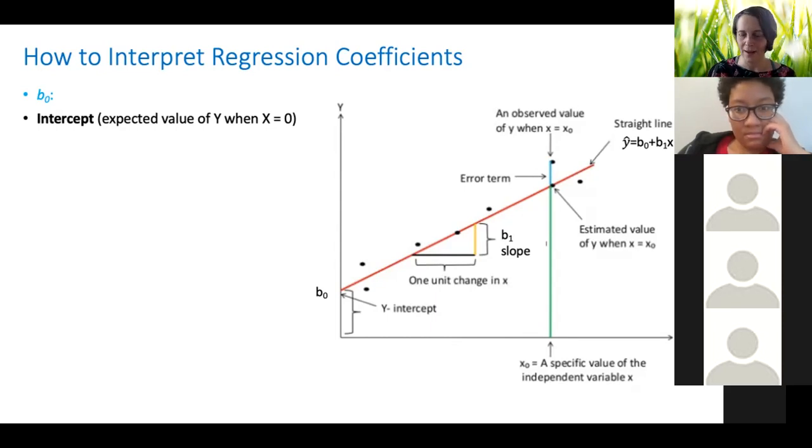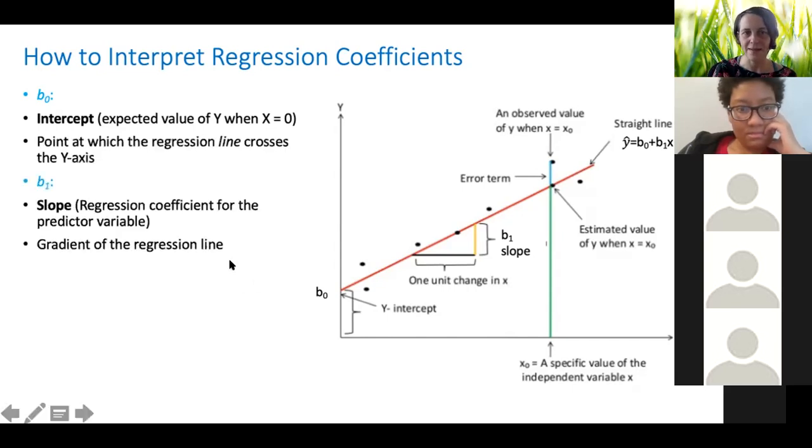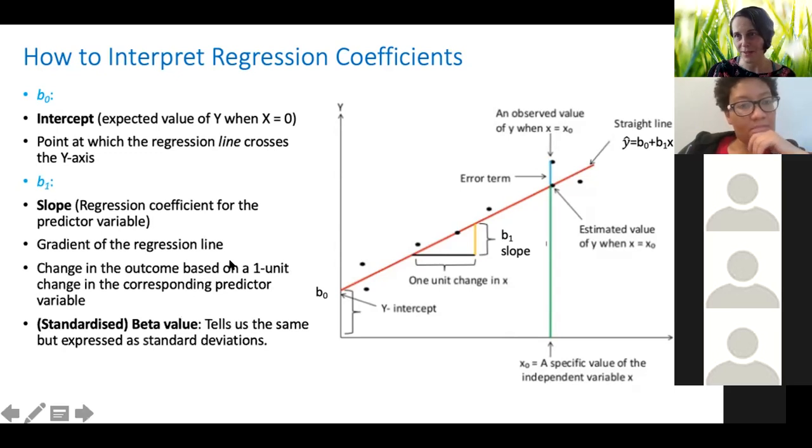And so when estimating our regression model, we are basically estimating two regression parameters, the first of which is our intercept. That is where our regression line meets the y-axis, and that is the expected value of y when x equals 0. In many cases, we cannot interpret that intercept in a meaningful way.